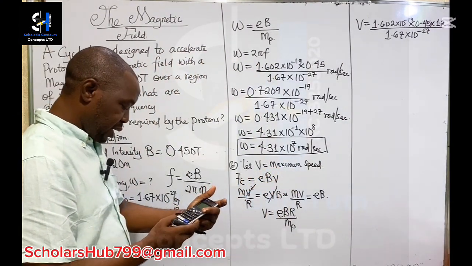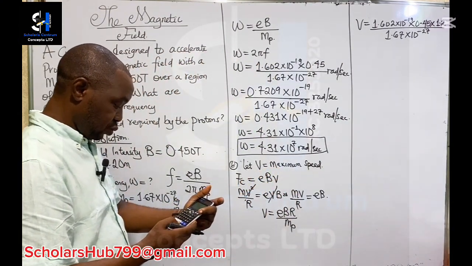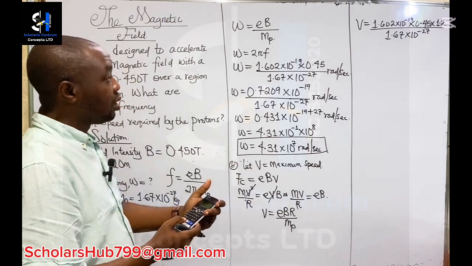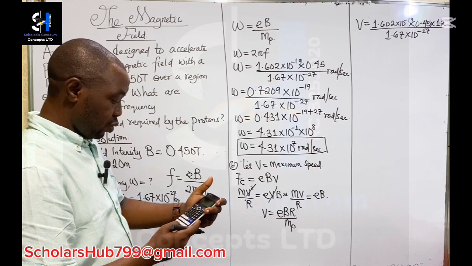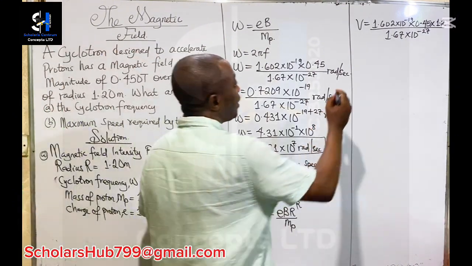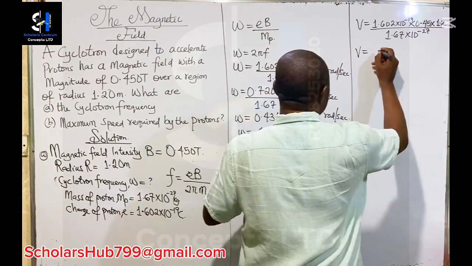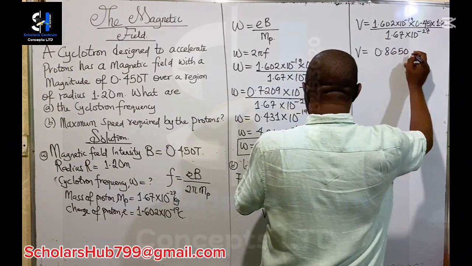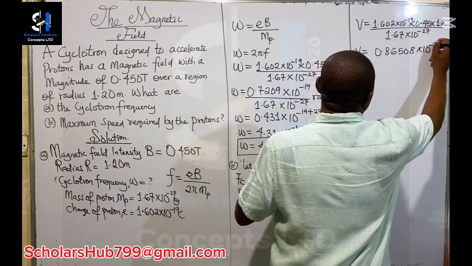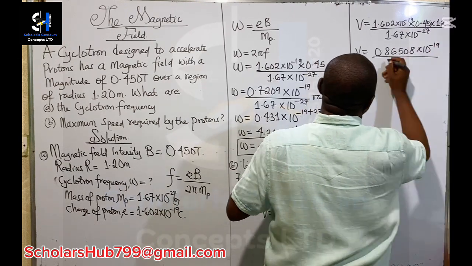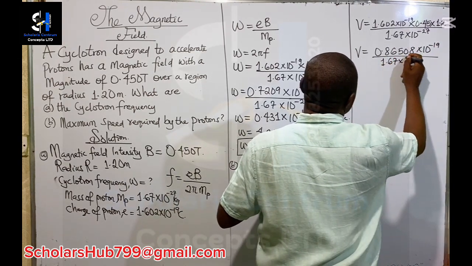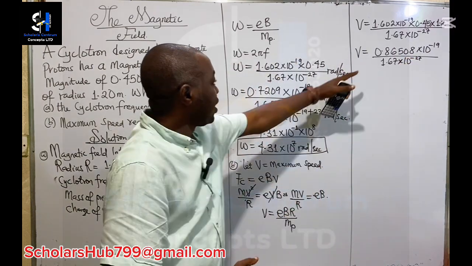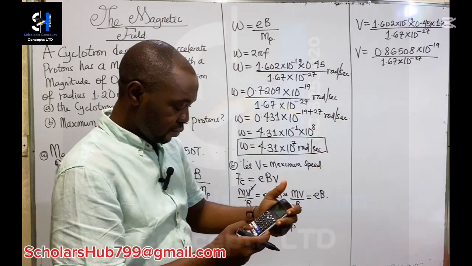Multiplying the numerator, 1.602 multiplied by 0.45, then multiplied by 1.2, we're going to have V equals 0.86508 times 10 raised to the power of negative 19 over 1.67 times 10 raised to the power of minus 27. Let's divide this value by 1.67.